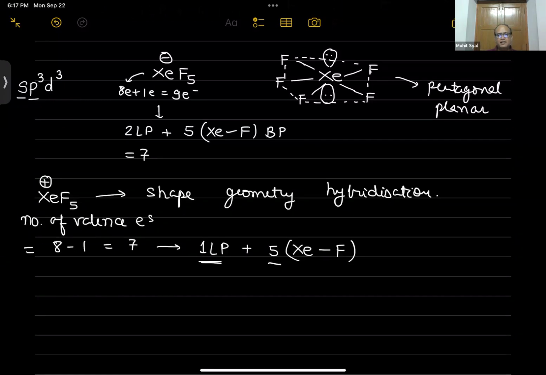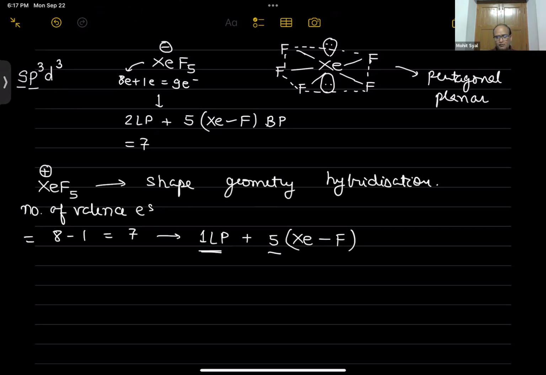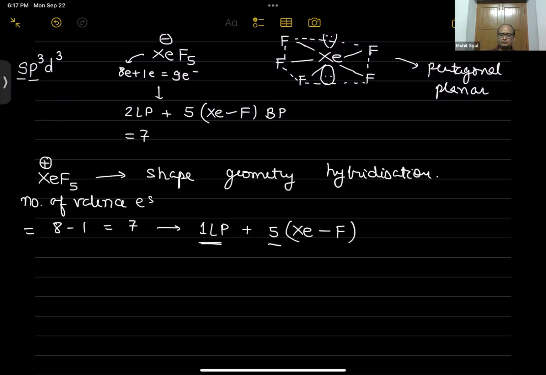So what is the hybridization? How many groups? 6. Okay, so is it sp3, sp3d, sp3d2, sp3d3? sp3d2.